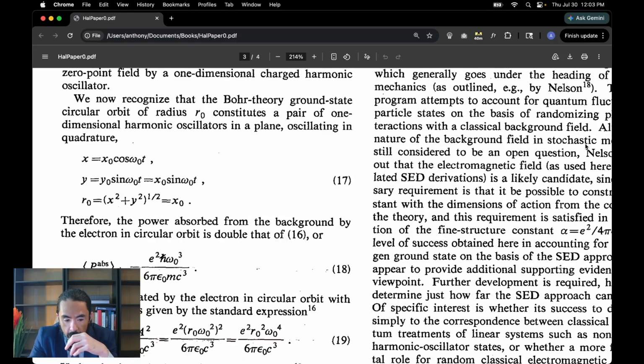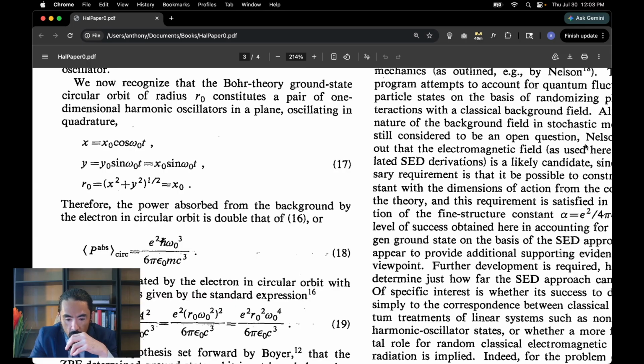We have here x equals x₀ times cosine of ω₀t. We have y equals y₀ times sine of ω₀t, which is equal to x₀ times the sine of ω₀t. Combining these into a radial term, we have r₀ equals (x² + y²)^(1/2), which is equal to x₀.